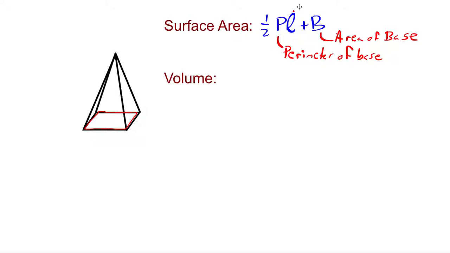And then we have this L. So this L is the slant height. So typically we measure height perpendicular to the base. So if I want to measure the height of this pyramid, it's going to be perpendicular to the base. Well, slant height is the distance upwards.